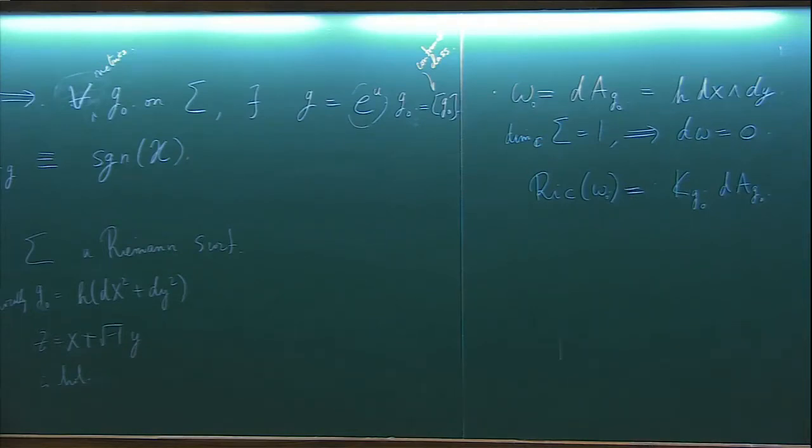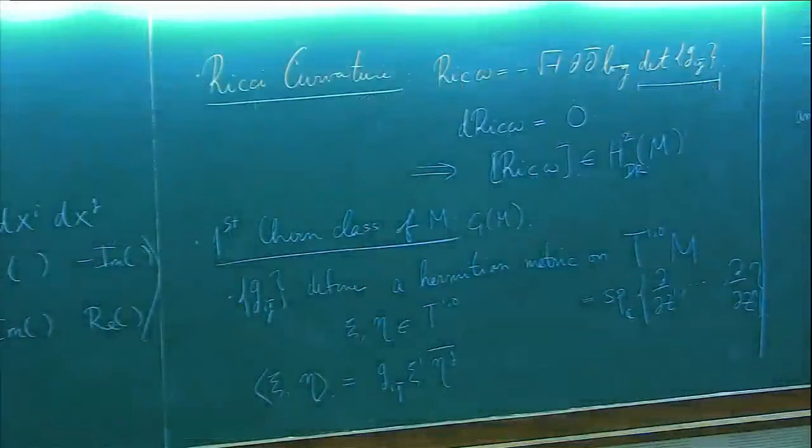Okay? So you can go and check maybe the wiki article on how to calculate the Gauss curvature, and you will see that the formula is exactly d bar of log of h, essentially, up to a constant.